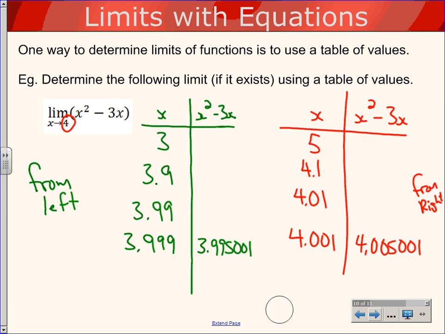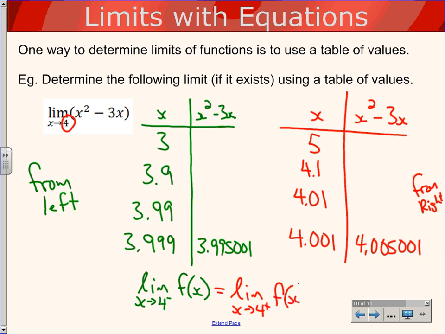What's important as you look at it is that as we approach from the left, so the limit as x approaches 4 from the left-hand side, that's getting really close to 4. And that's the same as what's happening on the right-hand side. It's also getting closer and closer to 4. Which means the limit from the left is the same as the limit from the right, and your answer altogether is 4.